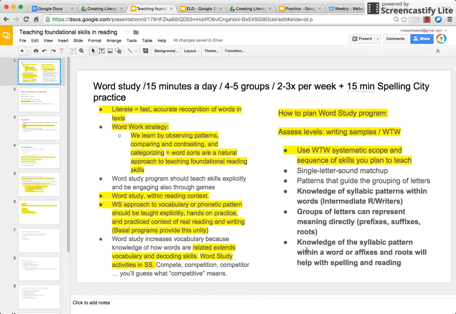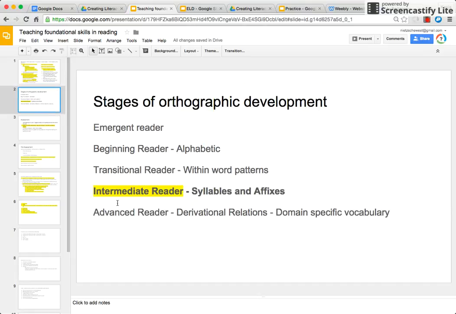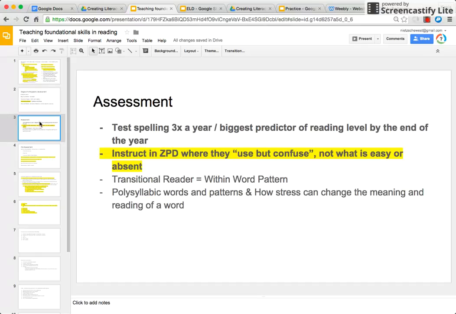Third grade standards, for example, have to do with syllabic patterns for intermediate readers and writers and affixes. And so the intermediate reader, I'm going to focus on that as an example.